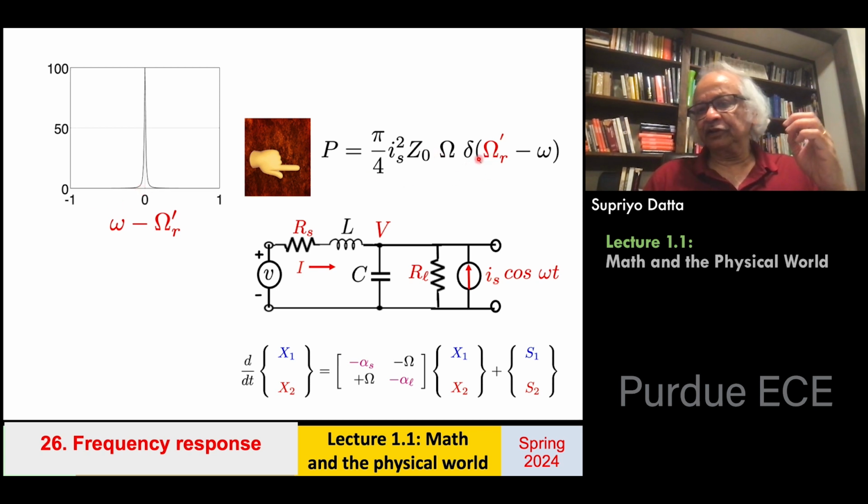A delta function basically means something whose width and height are inversely proportional, and the area under the curve is 1. This I'll come back to a little later after I've talked about waves.